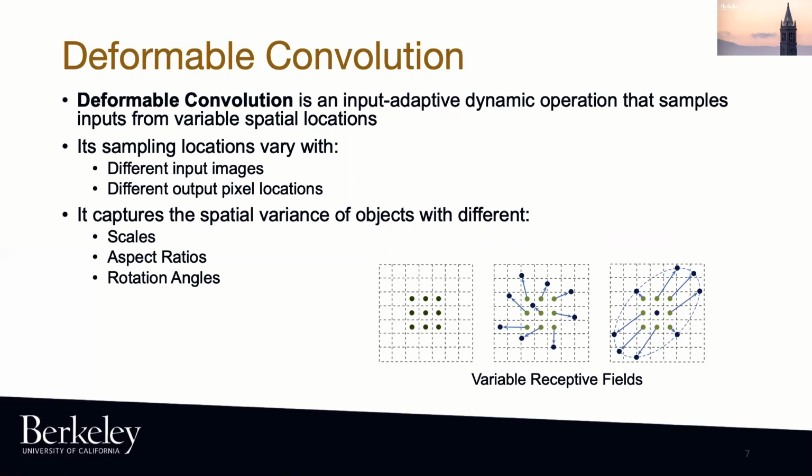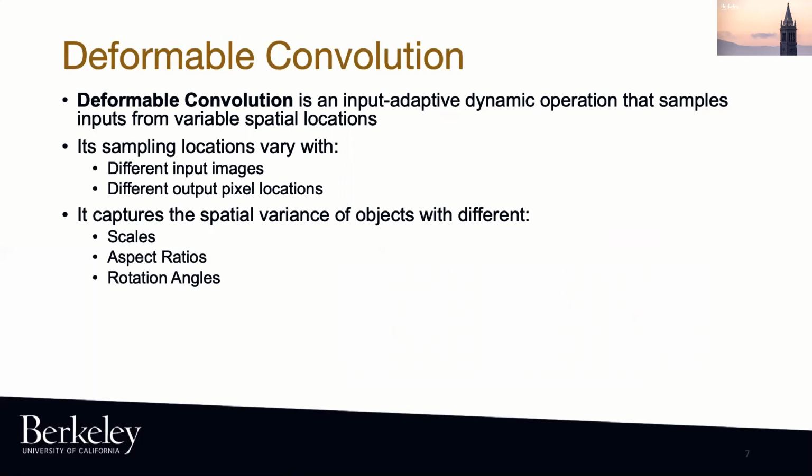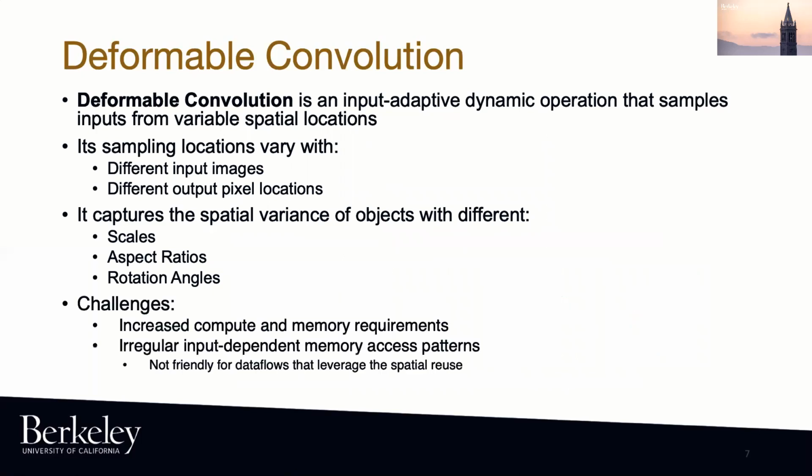However, as a hardware person, what we would like to know is what its implication on hardware design is. So the deformable convolution actually introduced new computation and memory requirements for the offset generation and transfer.